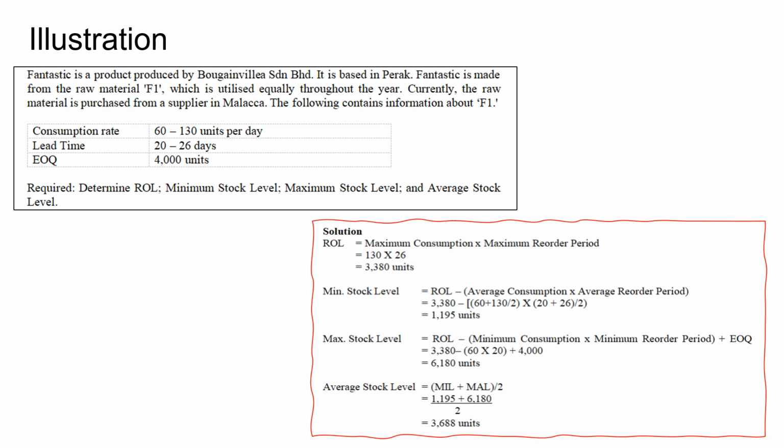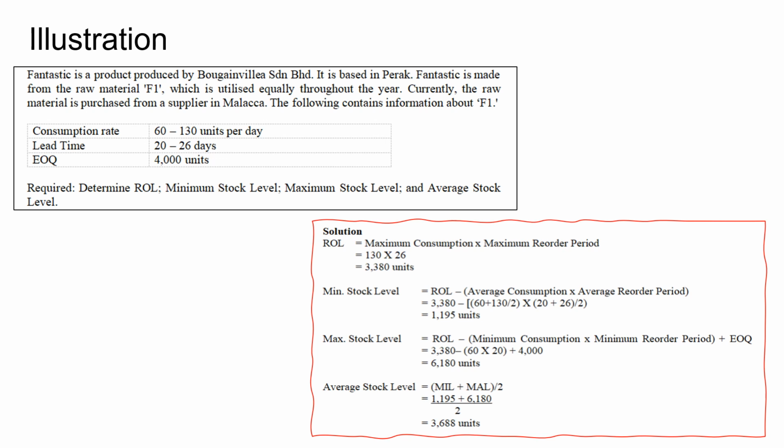It takes about 20 to 26 days for the goods to be received, meaning that at minimum you can receive within 20 days and the maximum will be 26 days from the purchase order made. And the economic order quantity, the optimum quantity to order, is 4,000.